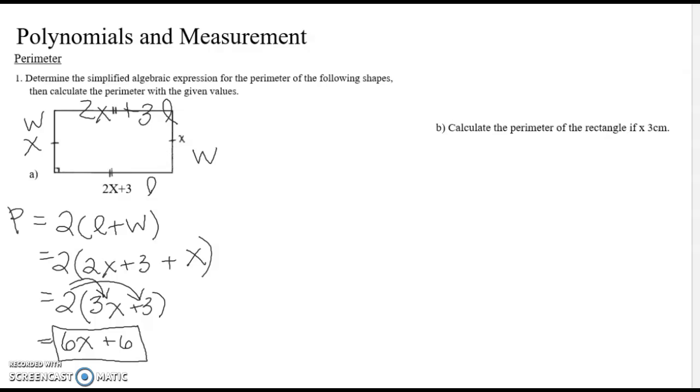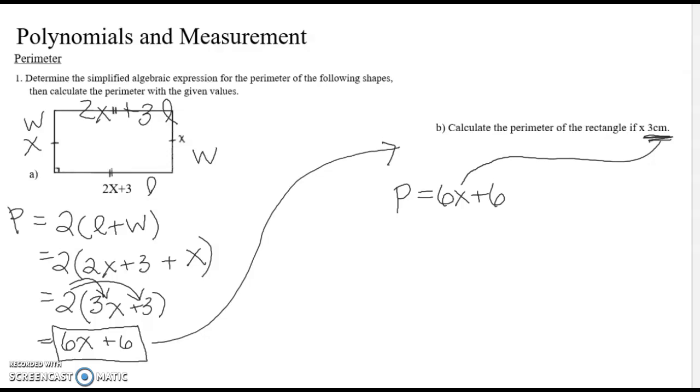But part B says, calculate the perimeter of the rectangle if x is 3 centimeters. So I'm just going to rewrite this. Our perimeter was 6x plus 6, but now where we have an x, we are going to plug in 3. So perimeter equals 6 times 3, and then still plus 6.